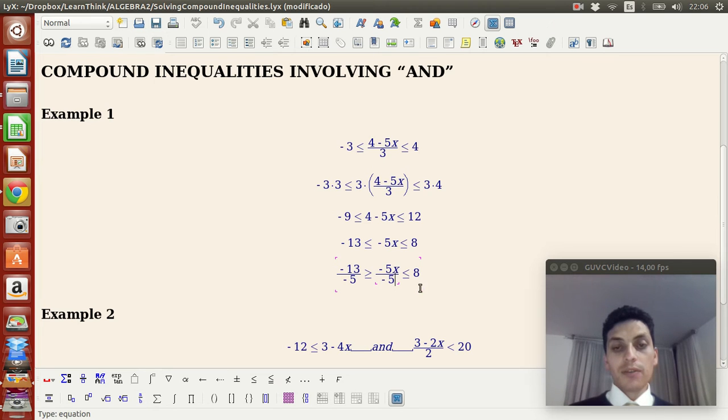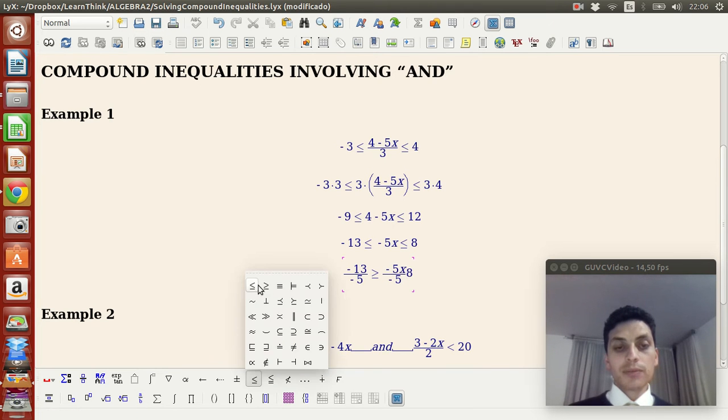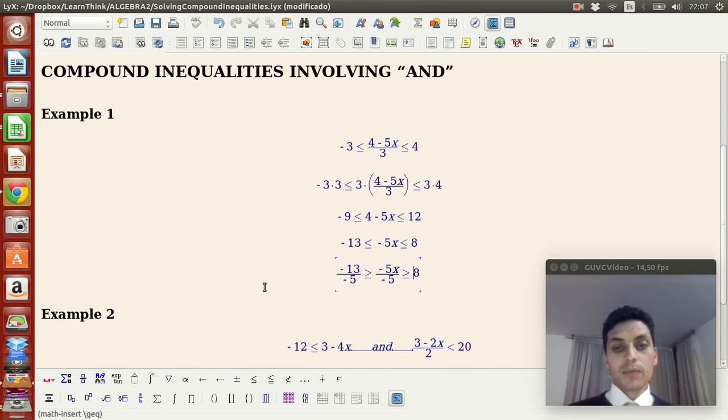Dividing by minus 5 and changing direction. And what is the answer? Minus 13 divided by minus 5 is 13 fifths.